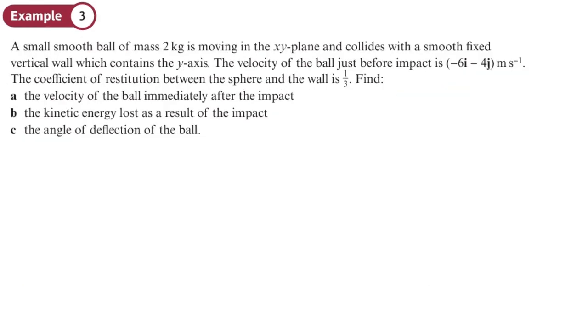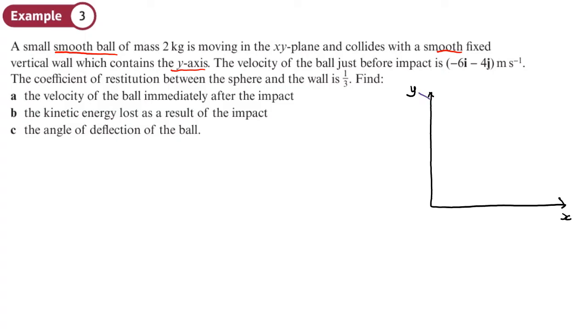Okay, so we have a small smooth ball of mass 2 kg moving in the xy plane. It collides with a smooth fixed vertical wall which contains the y-axis. So we've got a question where we've got the x and the y-axis like this, and the y-axis is where the wall is.